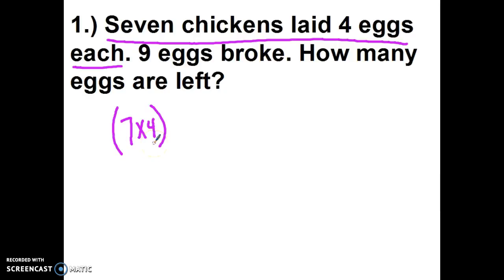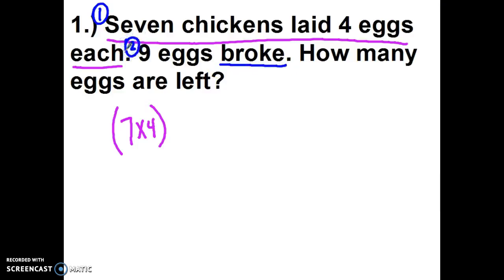Then it says 9 eggs broke. So before I figure out how many eggs are left, I need to know how many had to start. So that means that this first part right up here is going to be the first thing I need to figure out. And I also know if 9 eggs broke, that means I'm going to be subtracting.